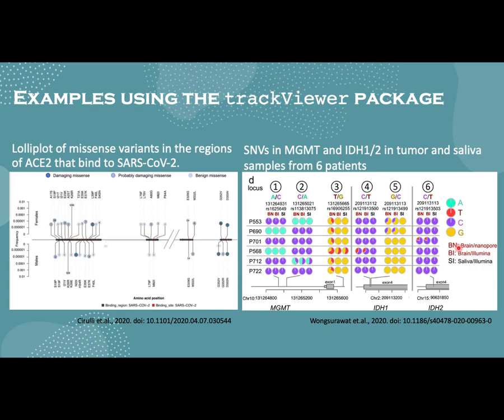In the left figure, you can see the no color indicates the missense types. There are counts in the nodes. It contains lots of details, but is not busy. In the right figure, the authors use colors to show the base for each patient.